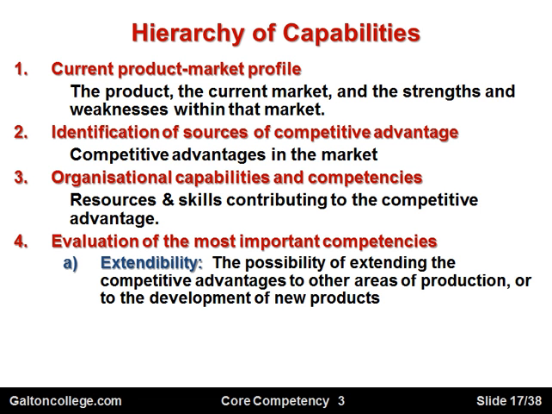Because if the company has a competitive advantage in one area and another product requires similar sets of skills or resources, then perhaps the competitive advantage could be extended. So look to extending the business based on the successful core competencies of the business, the ones that give it competitive advantage.